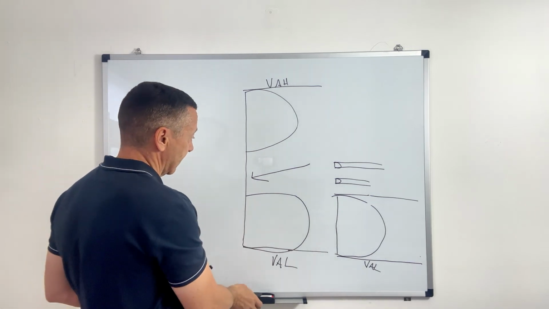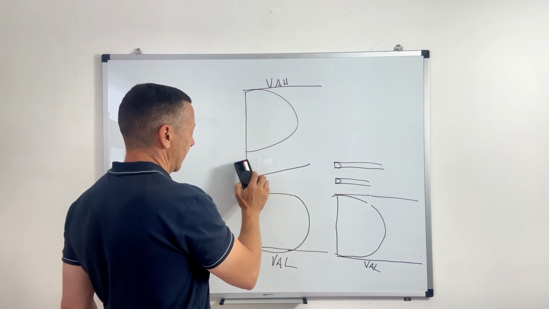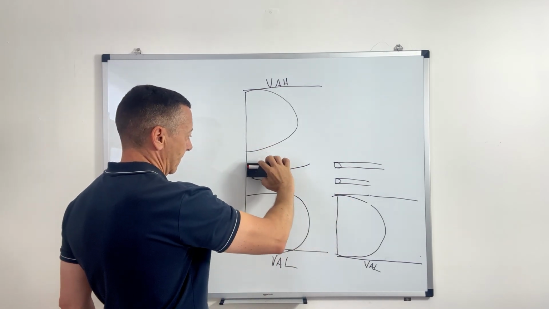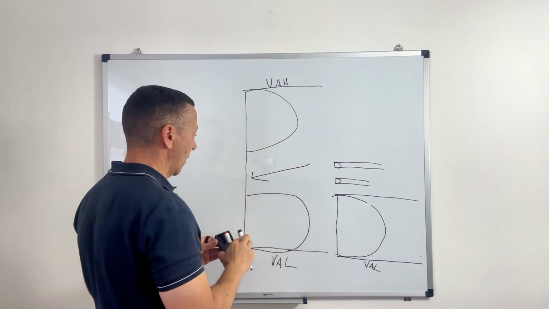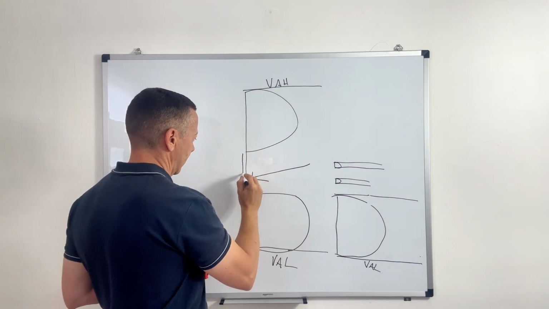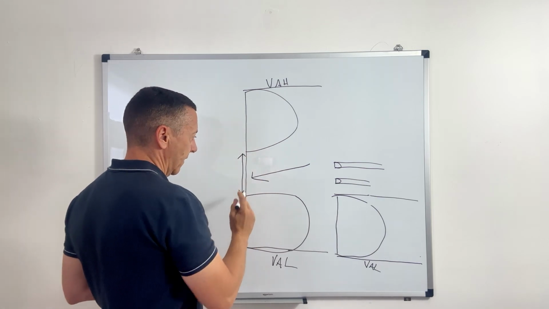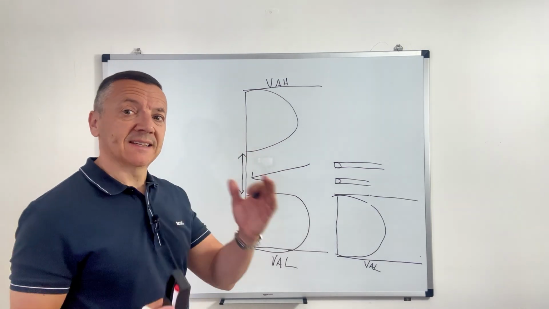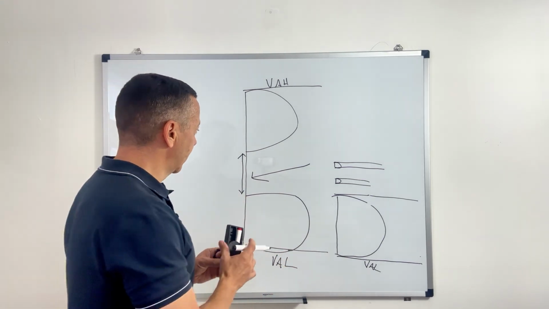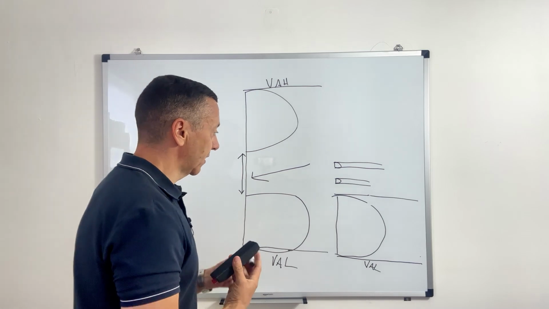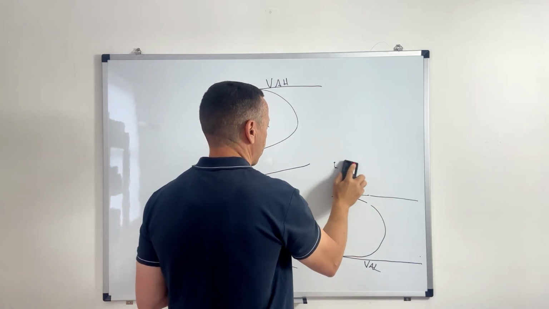And I've said in the past that when price reaches these single print areas, the price has moved one way quickly in one direction or the other. When price arrives back into that area, we can expect price to fill this area here. Let me just show you what I mean by that.